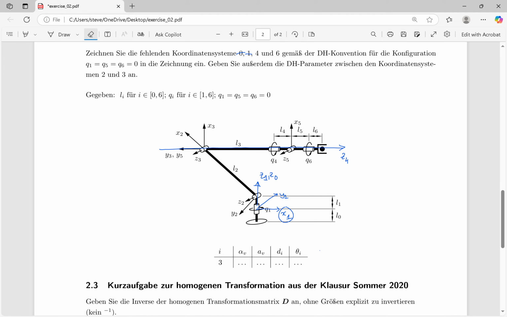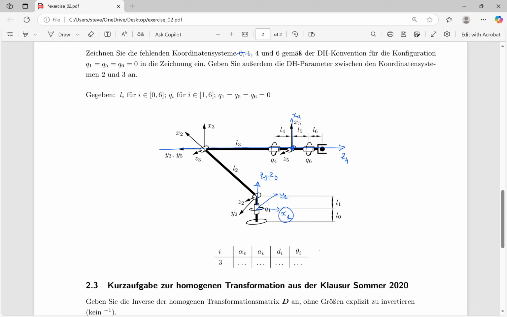So we should choose the axis X4 in such a way that they align with axis X5 as much as possible. And that would be X4 right here. Now, that would dictate that the origin is right here, and that is the correct solution.